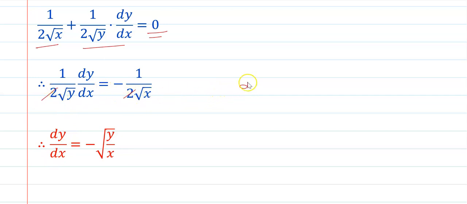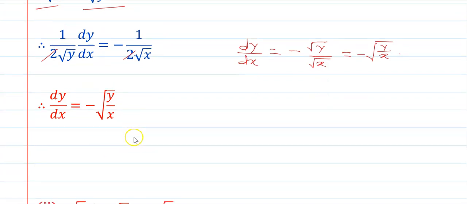That is 1 upon root y into dy by dx is equal to minus 1 upon root x. 1 upon root y goes to the numerator on this side. Therefore it is root of y upon root x, and that is equal to minus, so dy by dx is equal to minus root of y upon x.